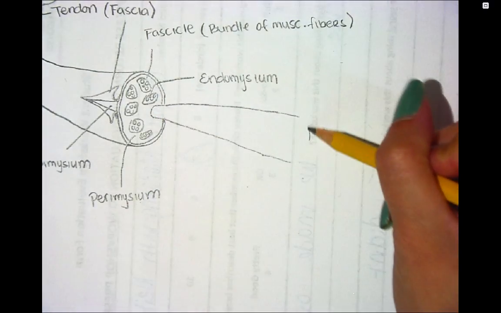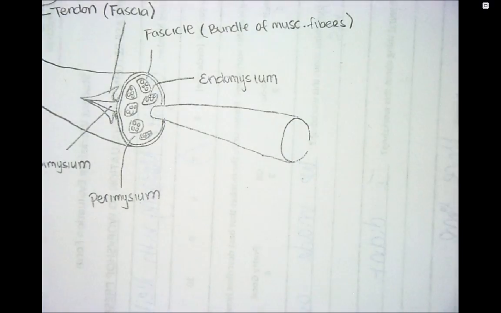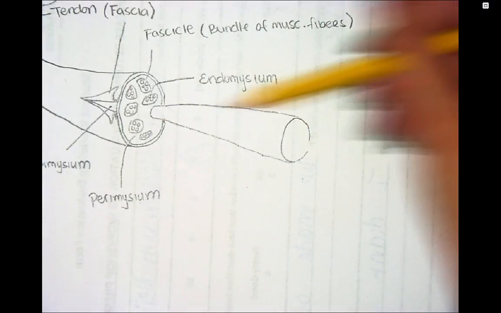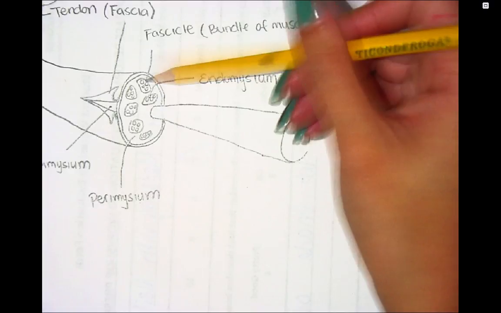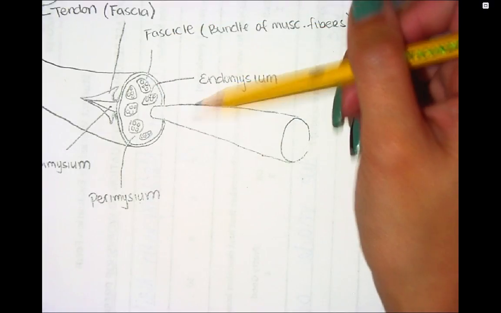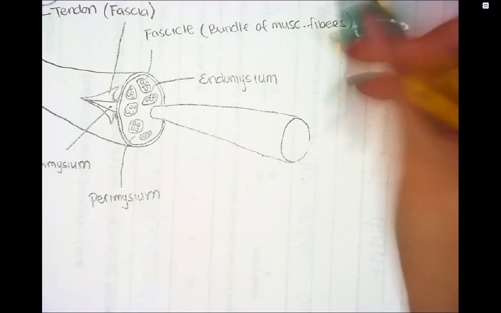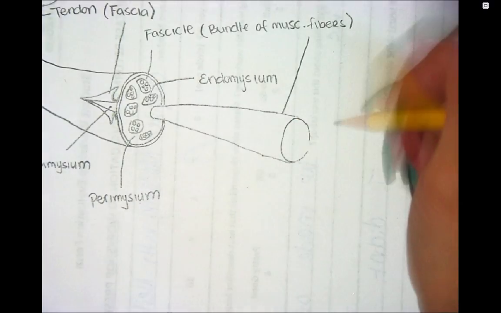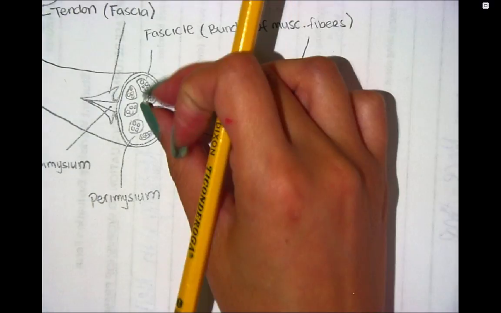So draw it like this. I'm going to leave a little gap on the side here again. So technically, what is this elongated tube right here? This tube right here is a fascicle. Okay. Does that make sense? Is everybody okay so far? All right, so we just pulled one of those fascicles out, basically, from that muscle. We just pulled the whole tube out.